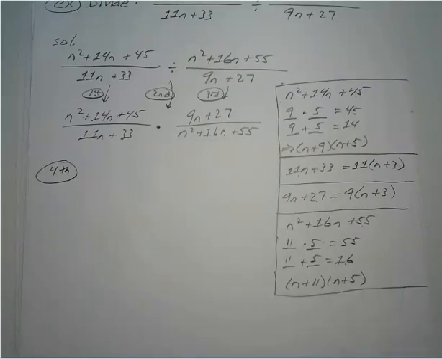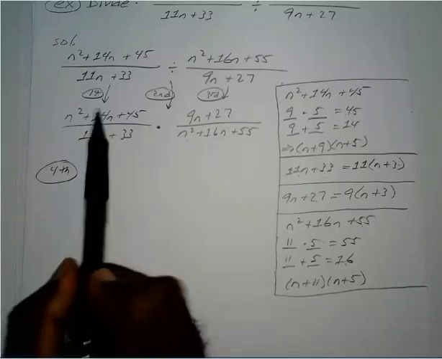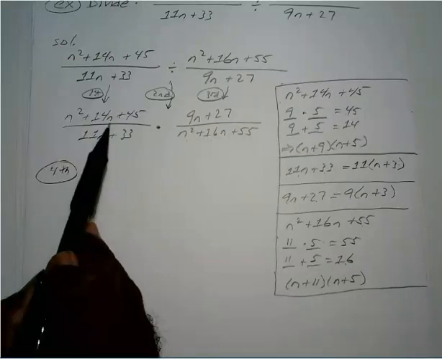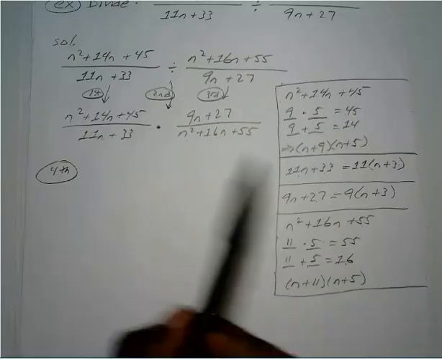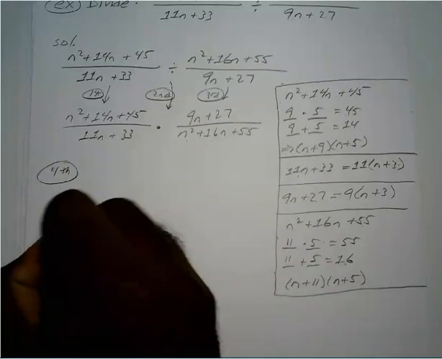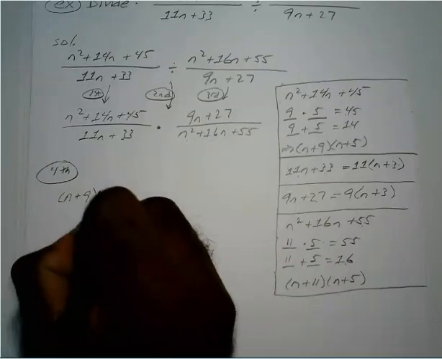So all we have to do is replace all those numerators and denominators and start canceling. So n squared plus 14n plus 45 is n plus 9 times n plus 5. We have n plus 9 times n plus 5.